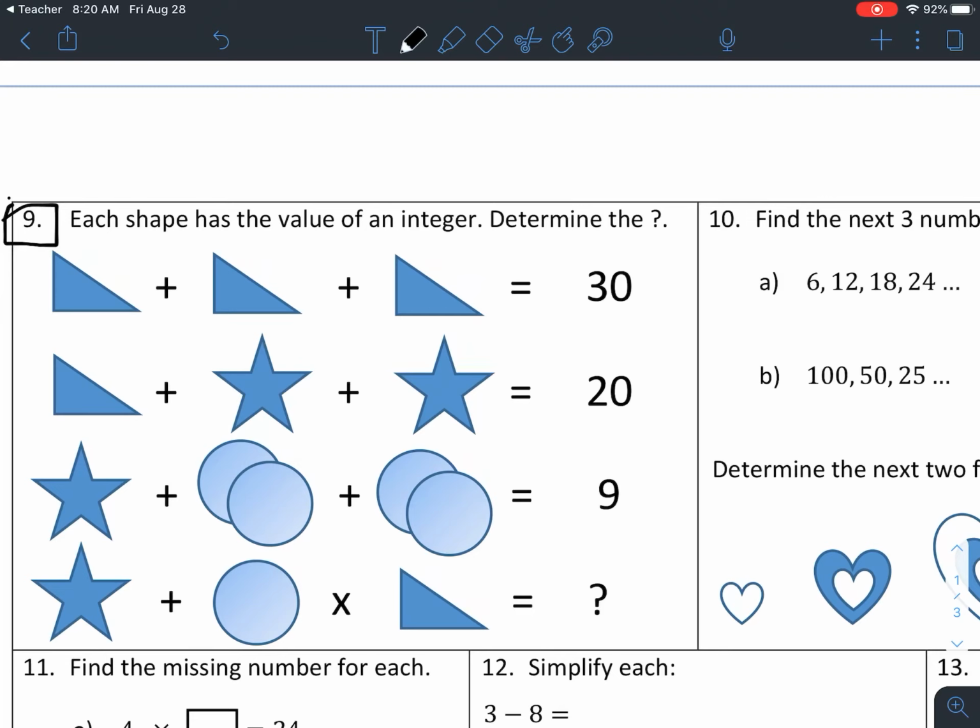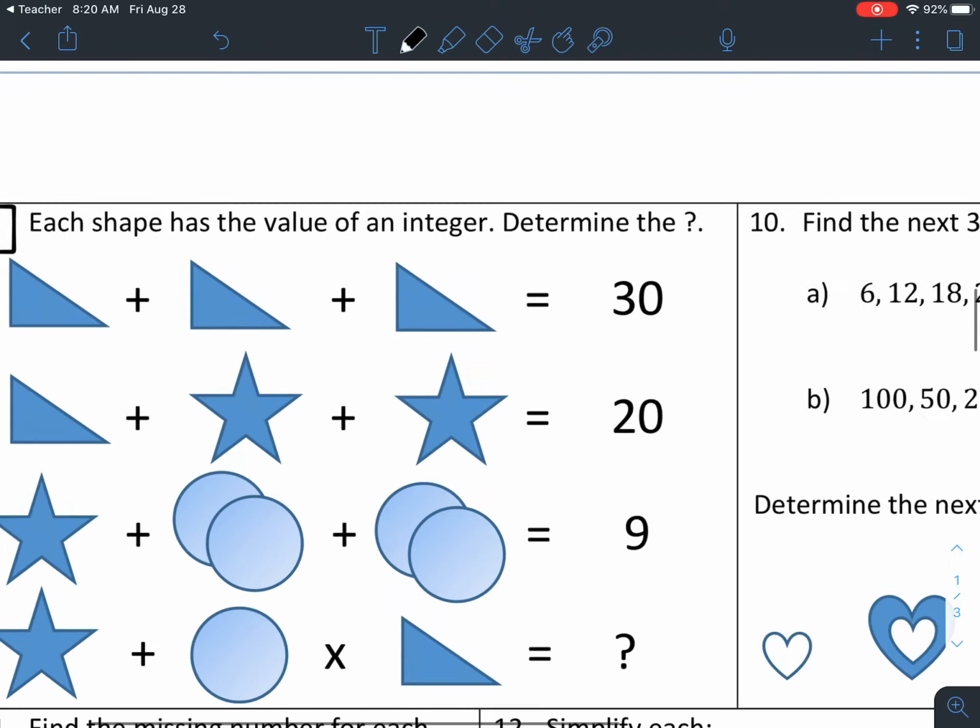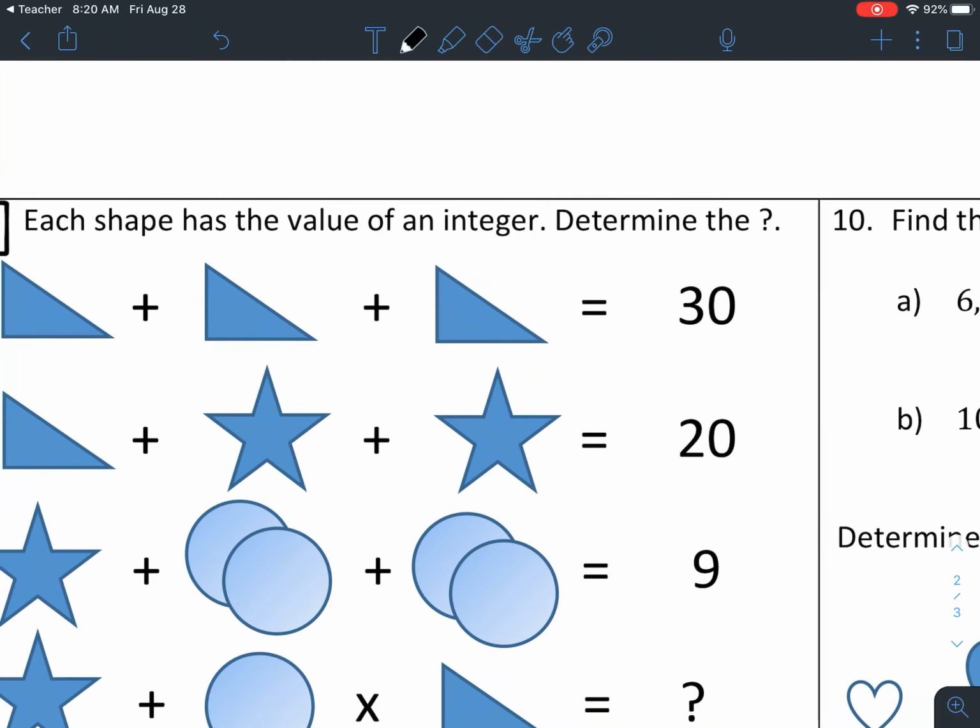Well, to find this out, I can make this a little simpler on myself. I can take 30 divided by the number of pieces I see, because these are all the same. So that's 3 pieces I'm dividing 30 by. If I'm dividing 30 by 3, I'm left with 10.